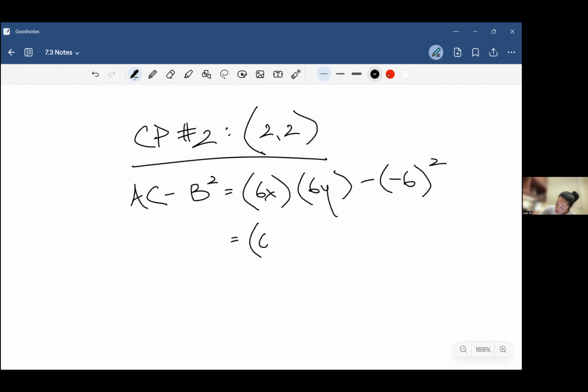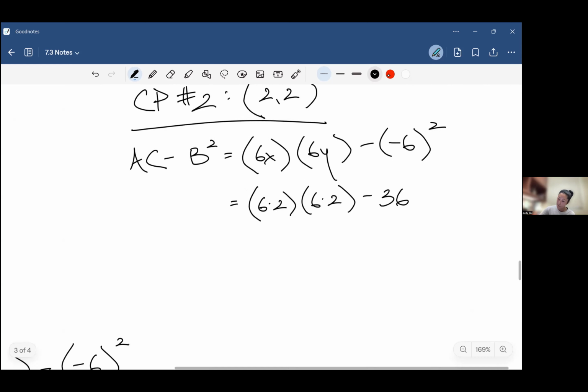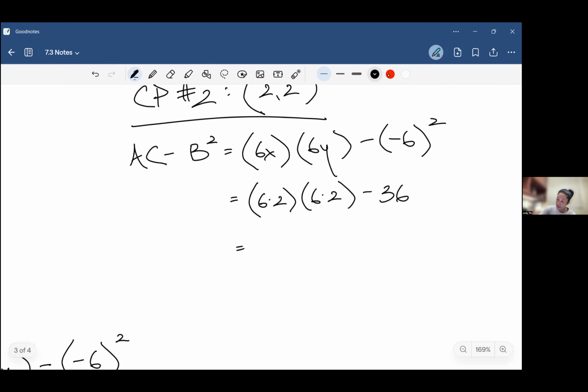So 6 times 2 times 6 times 2 minus 36. This gives us 12 times 12, which is 144, minus 36, which is a positive number.